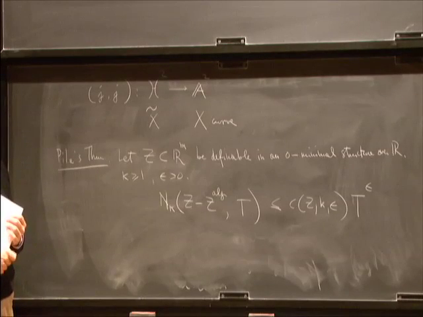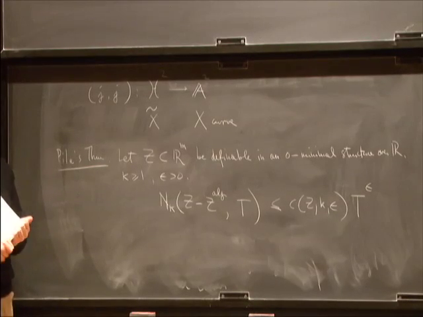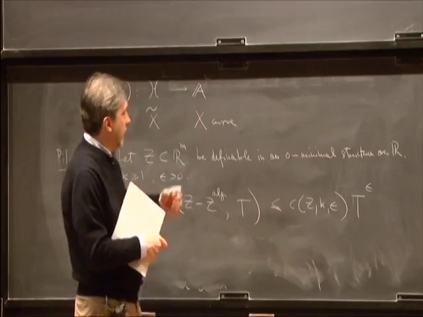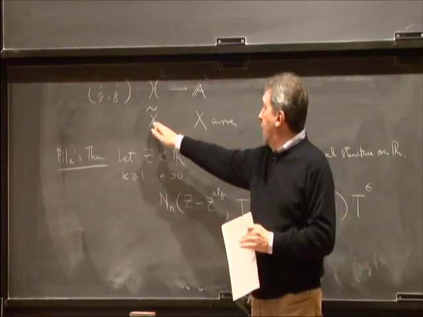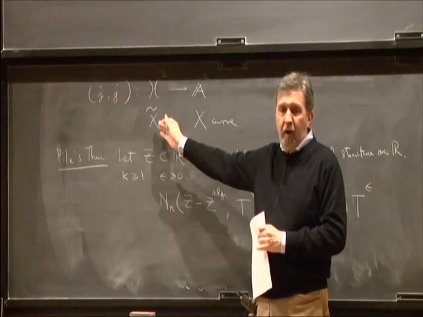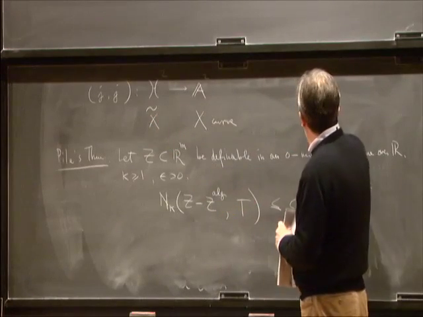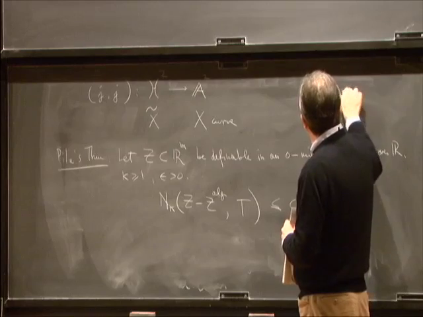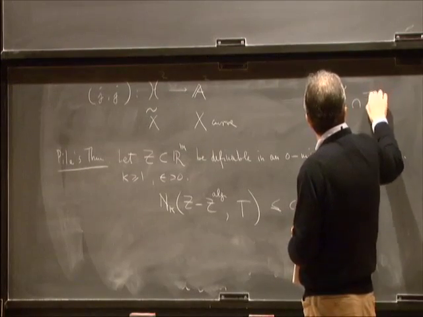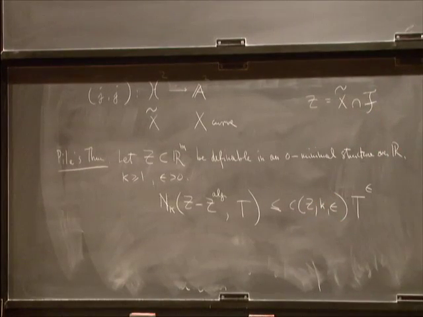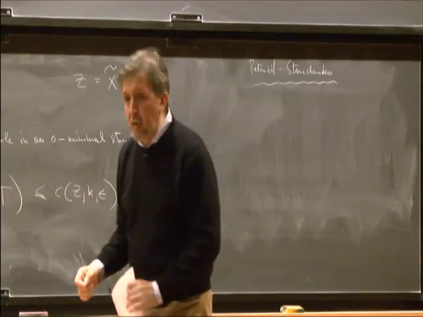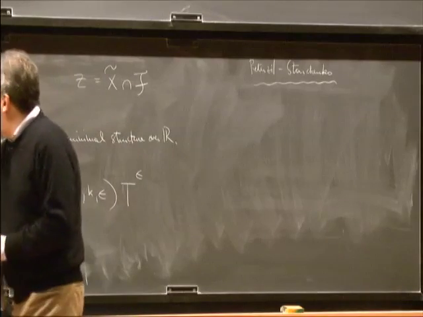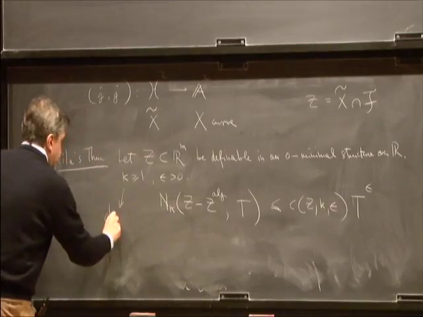And the principle of the proof is like yesterday. So we take the curve here, we take the inverse image, we take the intersection. It suffices to work in a fundamental domain. So Z can be taken as the intersection of x tilde with f.